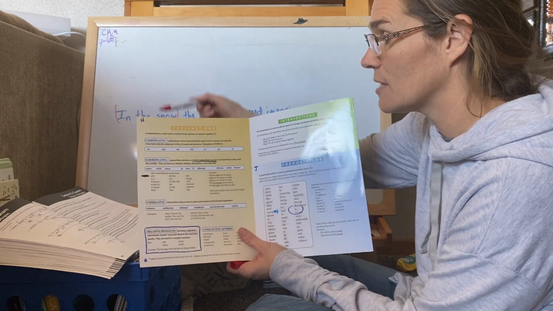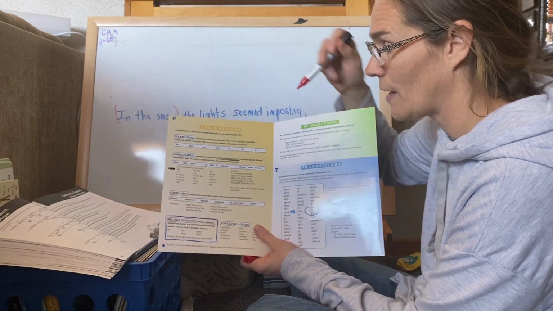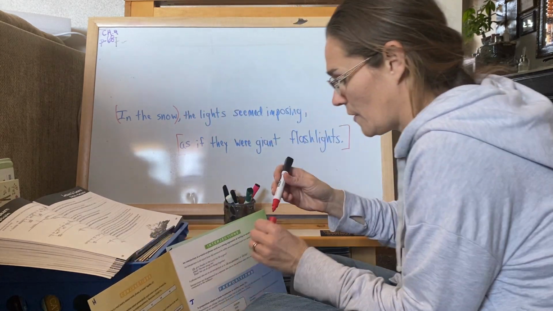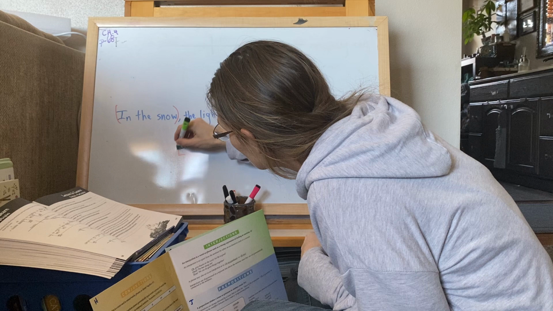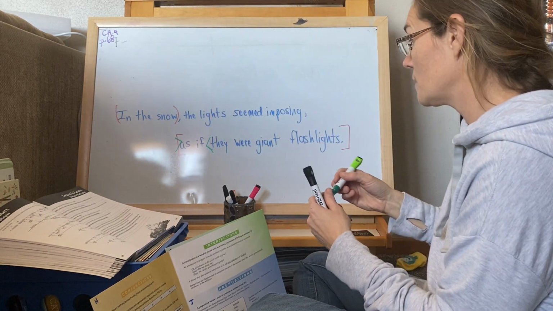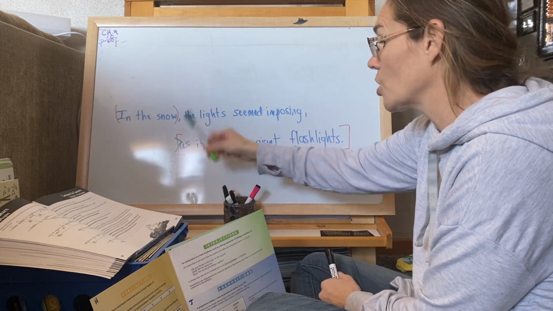But we have as, but our whole phrase is as if. Okay? So remember, I almost forgot. We need to put the as if in our little pointer parentheses. Okay? Because that is our conjunction.